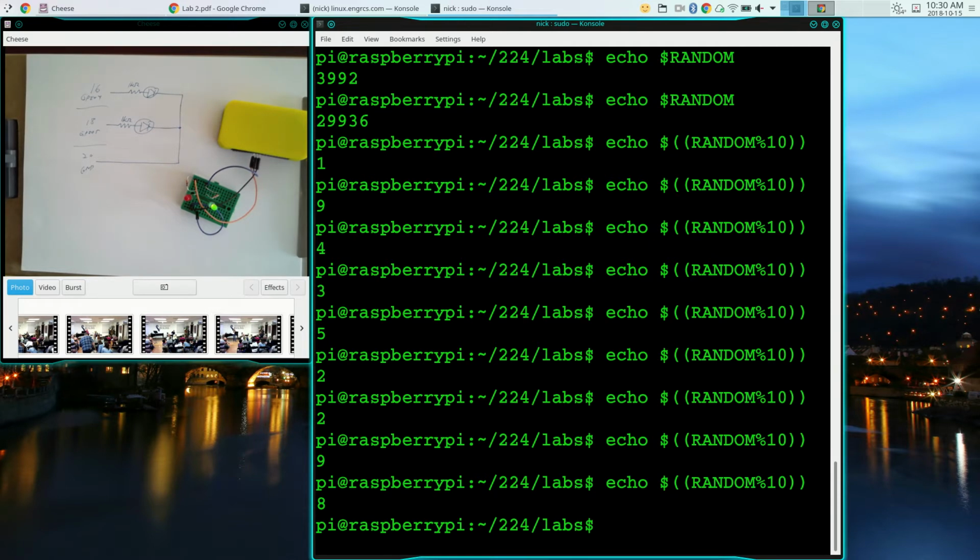Since it ends at 32 something 7, wouldn't 8 and 9 have slightly less chance? Yeah, they have a slightly less chance. How would you fix that? Divide by that over 10 and then try. That could work. It might still be biased.